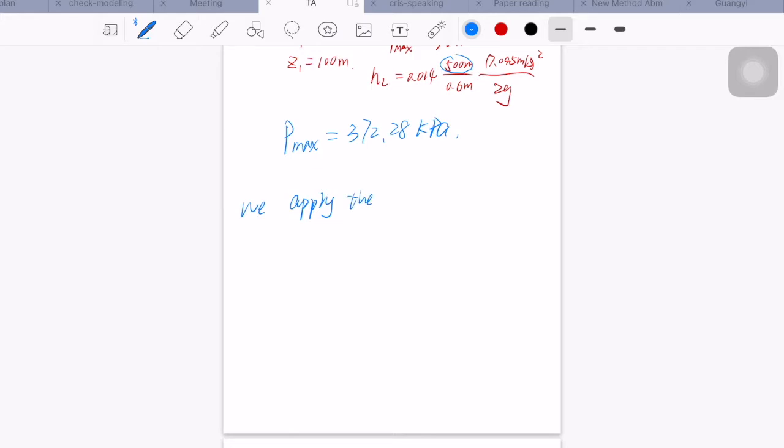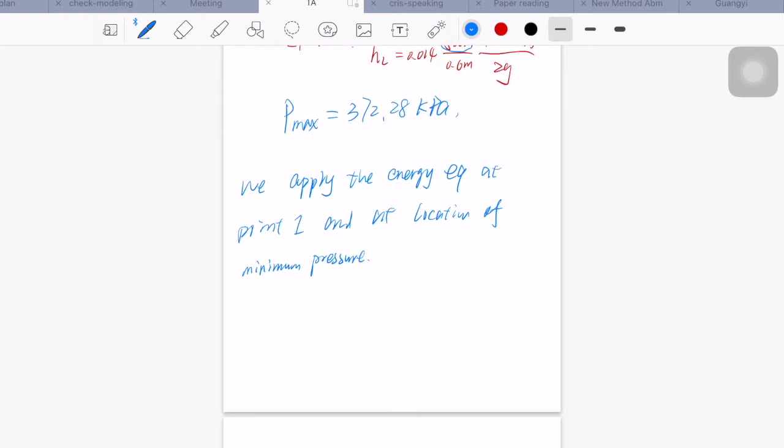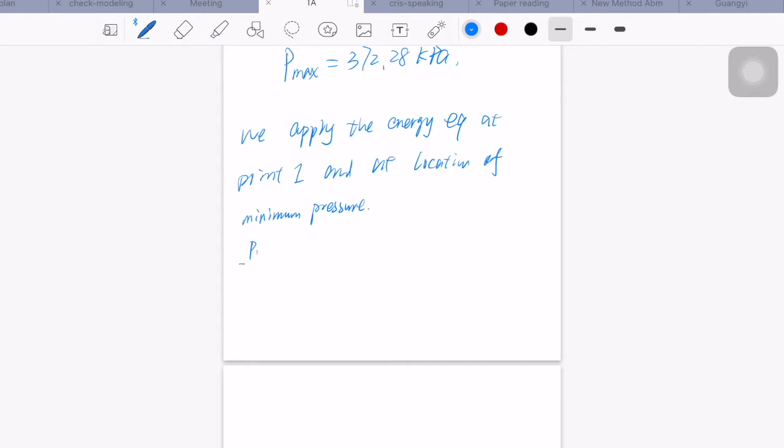And then we need to calculate the minimum pressure, and we apply the energy equation at point 1 and at the location of the minimum pressure. And we have that P1 over gamma plus alpha 1.